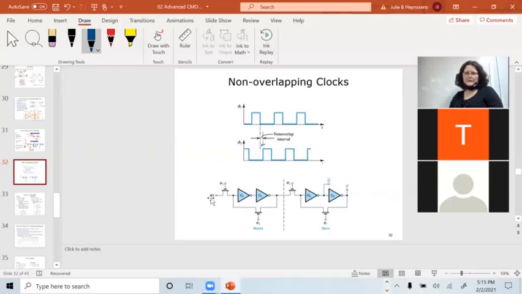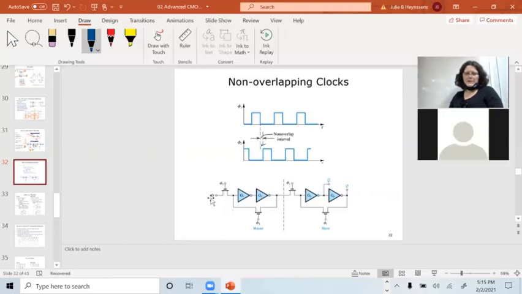We don't want them to be both high at the same time, and you can see in this diagram they're never high at the same time. What happens if they are? Then D just passes right through immediately to Q with no enable and no clock edge. That's the non-overlap interval.